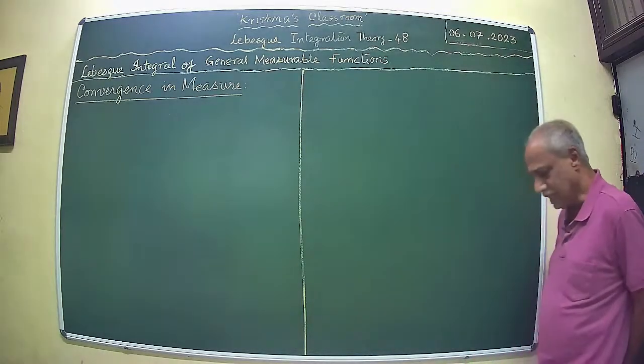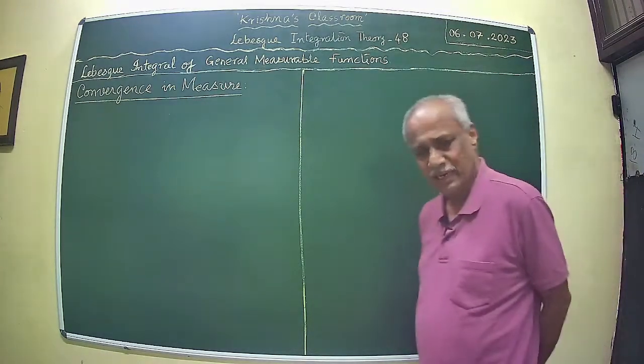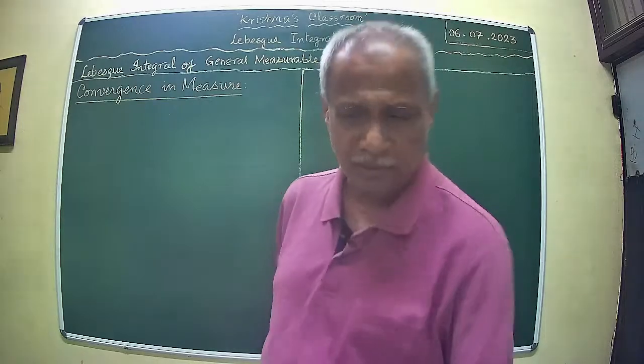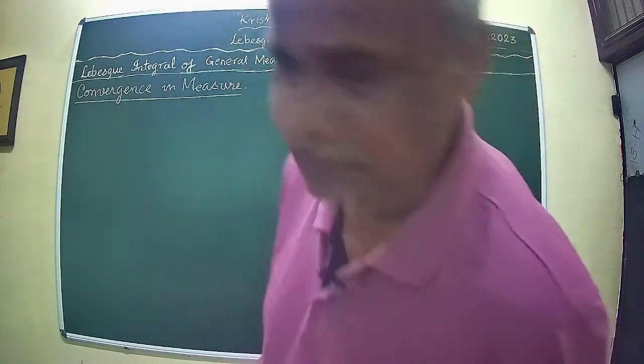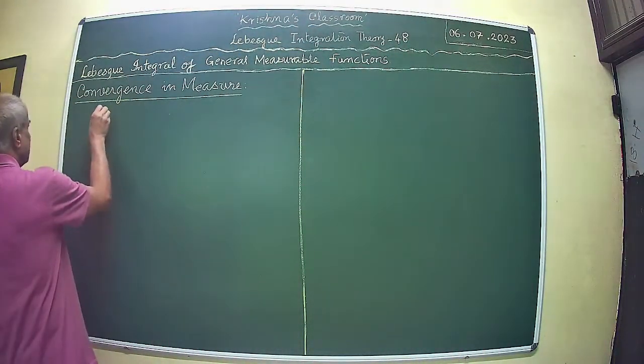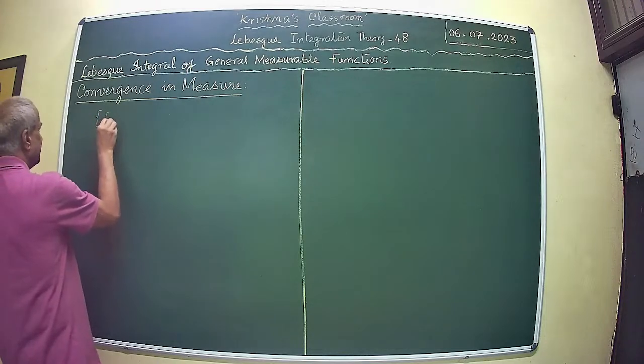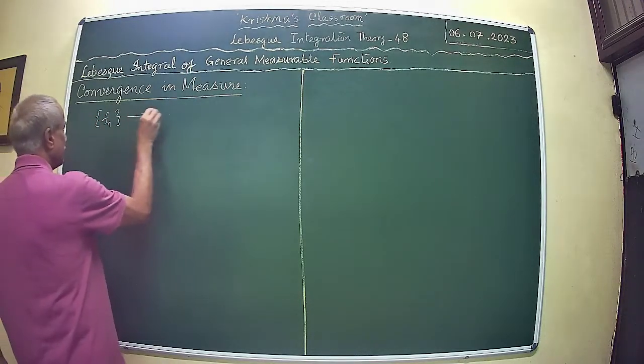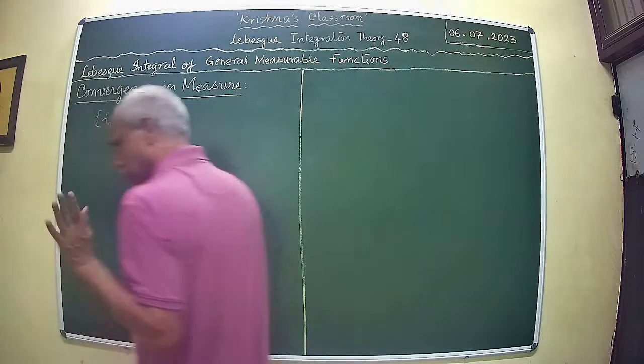Recall that we had been looking at the convergence problem in this context: you have a sequence fn which converges to f in some way.